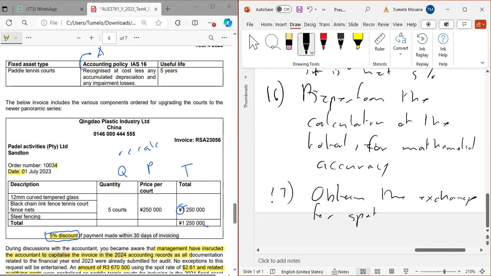The spot rate is the date of payment or the date of the transaction that we capitalize into the books.